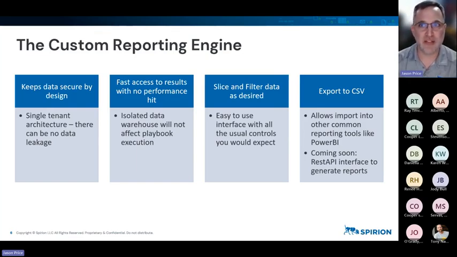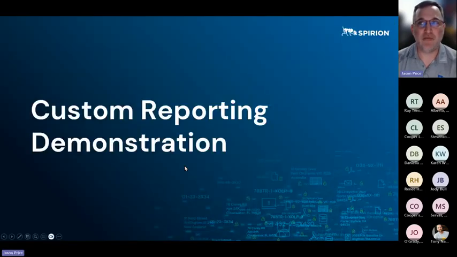The type of content that is most important needs to be listed first, giving the ability to customize column headers, giving the ability to take and put all that information into a very easily digestible form, whether that's consumed internally or put out into a CSV, or in the near future, we have a REST API that is going to be available so you can make calls into that data warehouse to extract information directly into a third-party source should you want to.